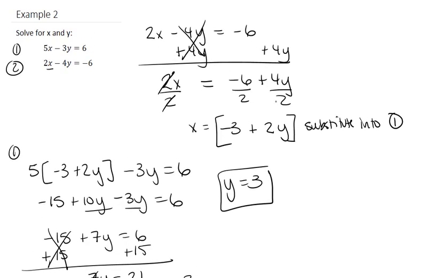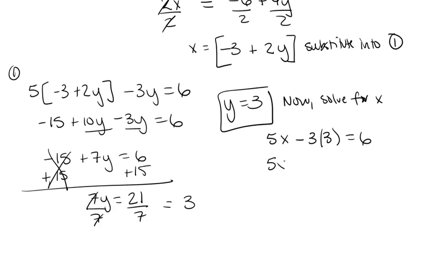With knowing that, we can plug this into either equation 1 or 2 for y, and then solve for x. So let's pick the first equation. So we have 5x minus 3, now we have 3 for y, equals 6.